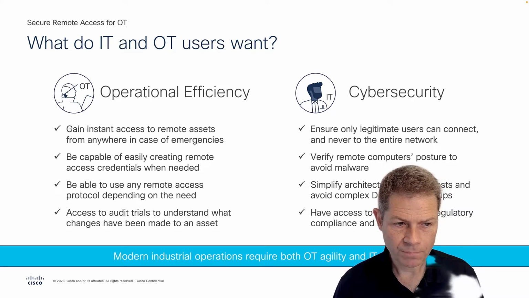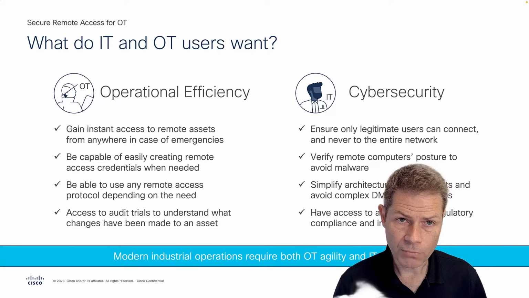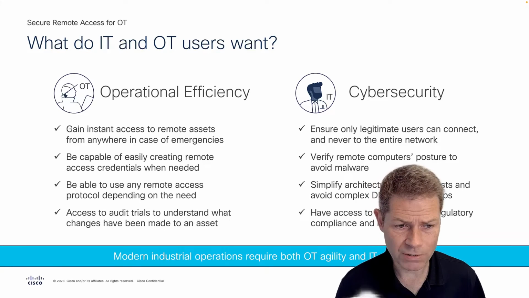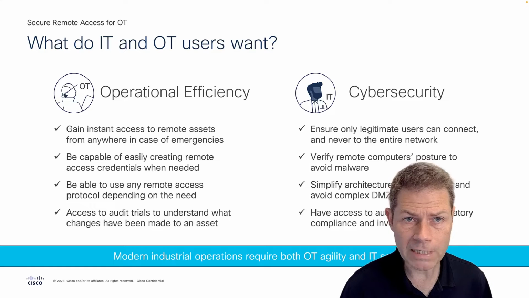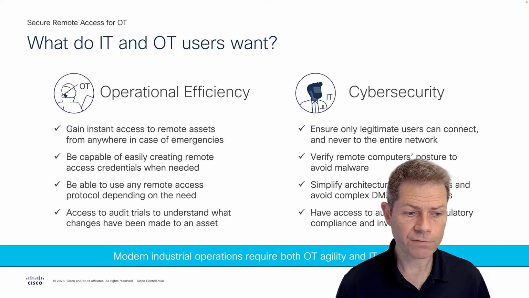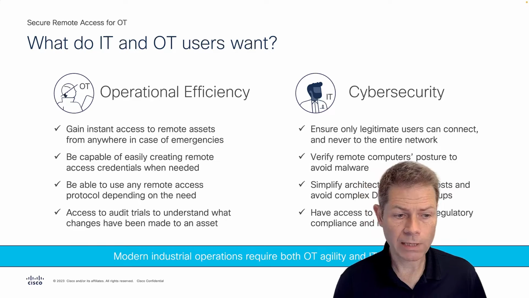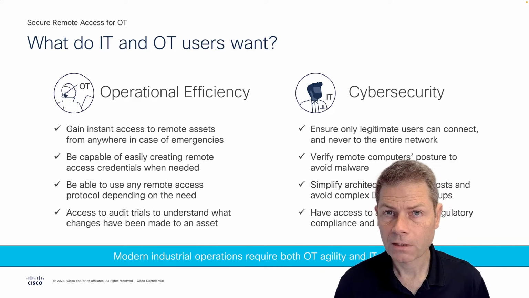They want to be able to grant access to third parties, to machines, not to devices and IP addresses. They're not interested in that. They want to be able to provide remote access depending on the need, quickly and swiftly. Also, for auditing purposes, they would like to get access to the audit trails and see what happens.